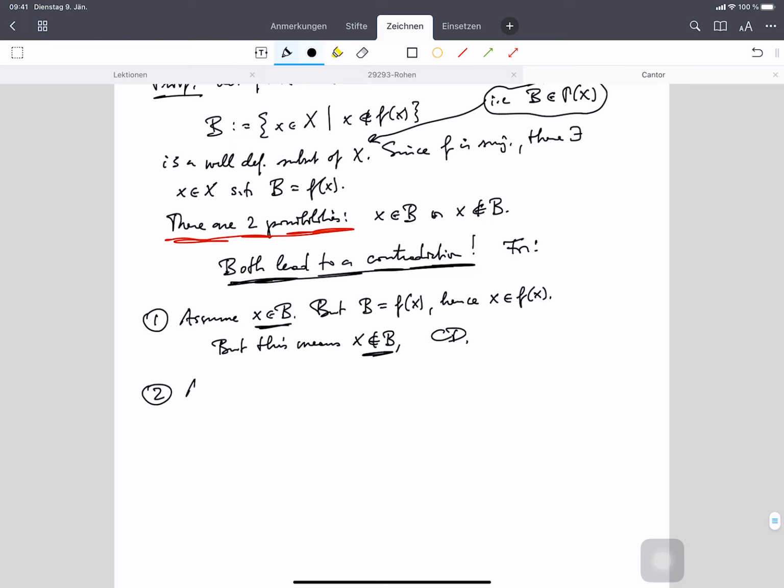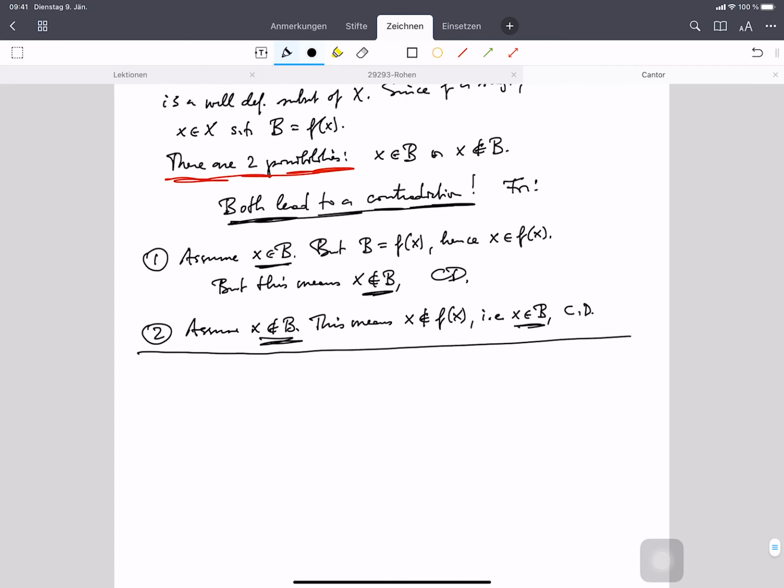Other possibility: assume x not in B. This means, again, B is f(x), that x does not belong to f(x), i.e. x in B. Contradiction. With this, the lemma is already shown.